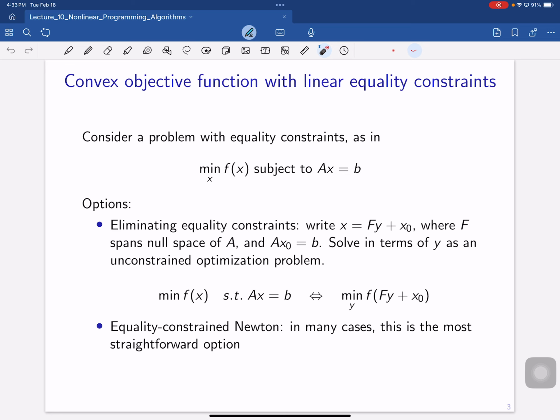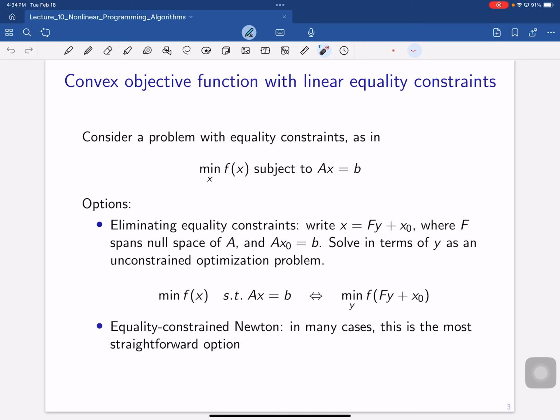Now, you can write the solution x as x0, which is an arbitrary solution to Ax equals b, plus Fy, where F spans the null space of A. That means if you take any column in this matrix F, A times the column equals 0.